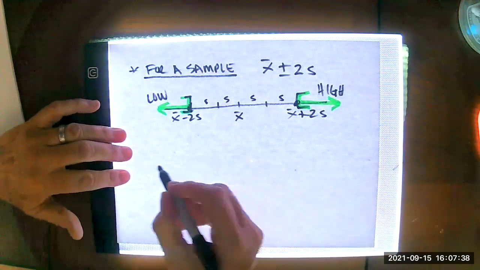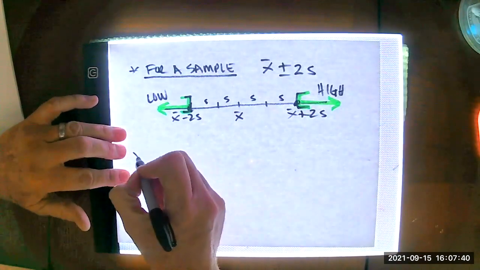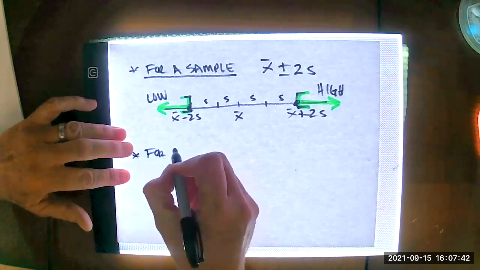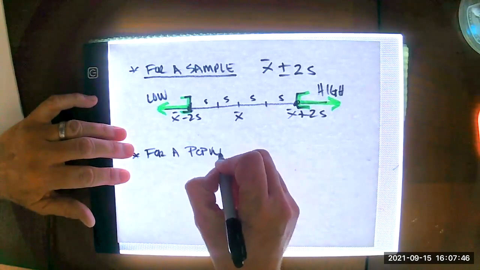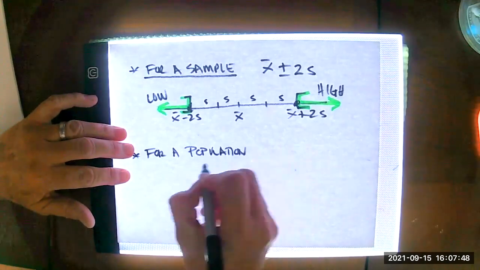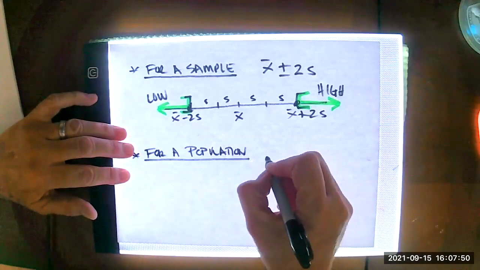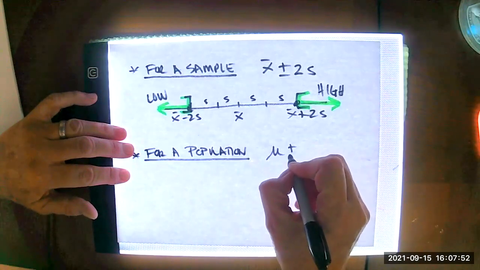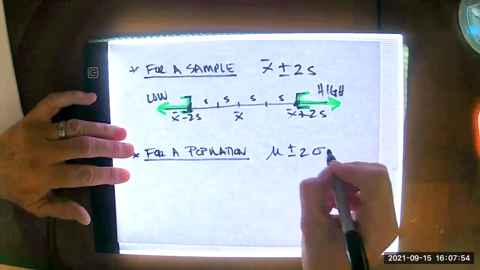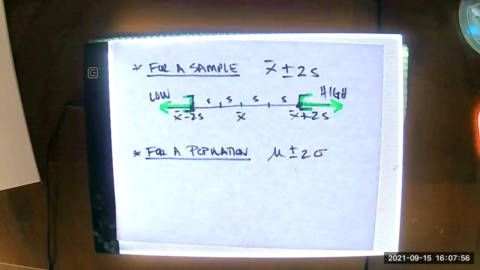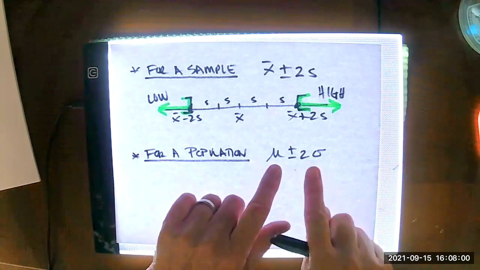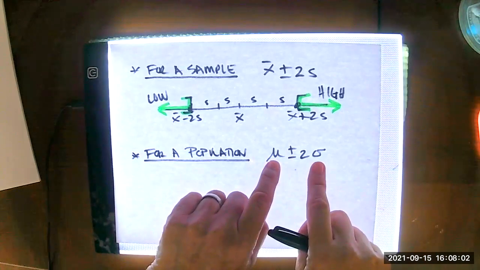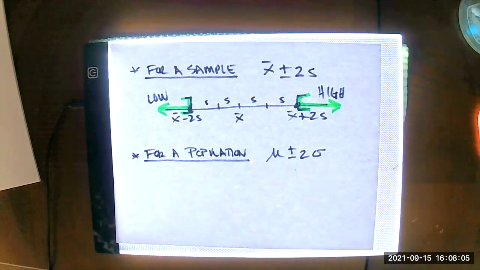And we have the same picture for population. Mu plus or minus 2 sigma. I'll remind people that when we work with populations, our parameters, means and standard deviations here, are in the Greek letters.